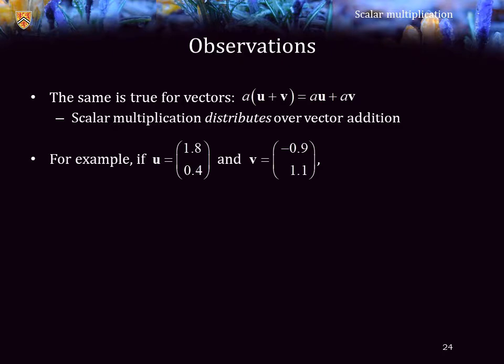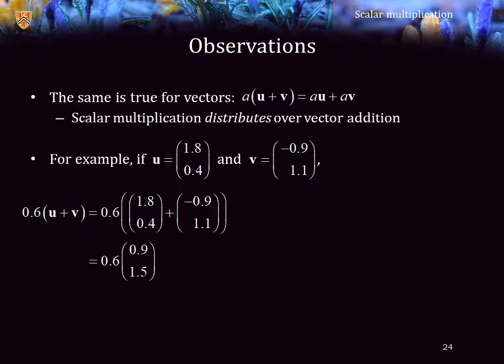So for example, if we have these 2 vectors here, u and v, if I was to multiply the sum by 0.6, I could add the 2 vectors together first to get that the sum of the 2 vectors is 0.9, 1.5. Multiplying that by 0.6 will then give me 0.54, 0.9.